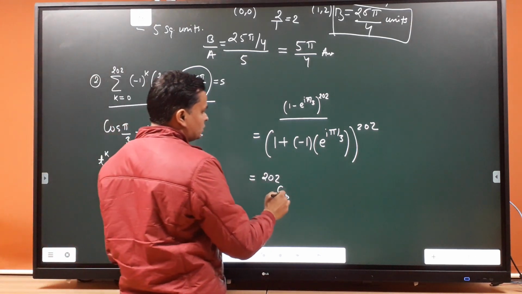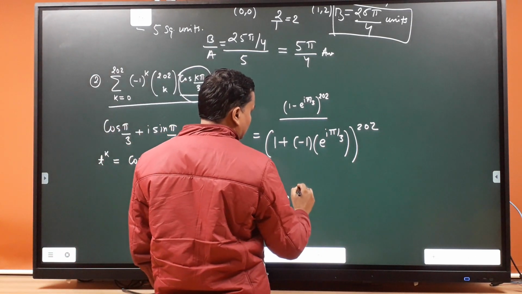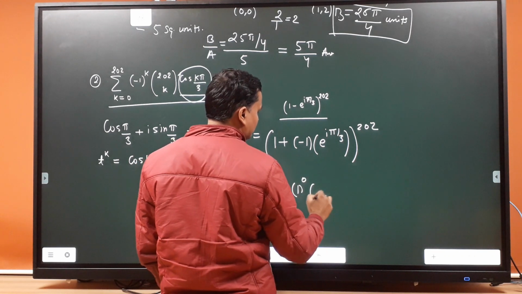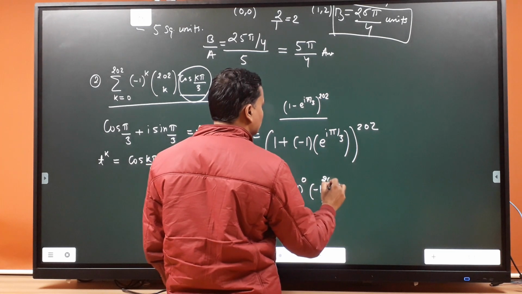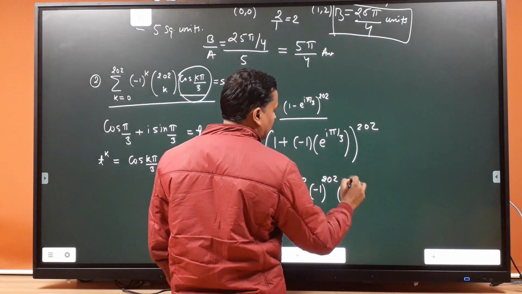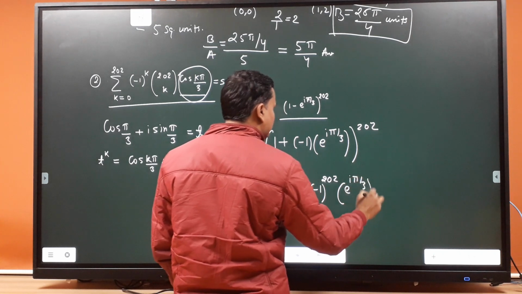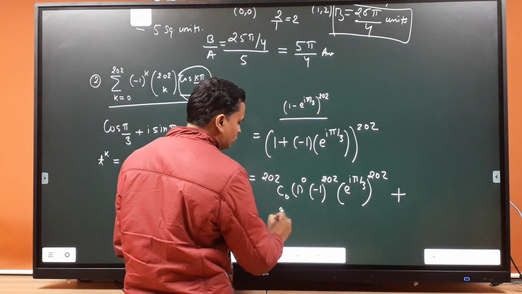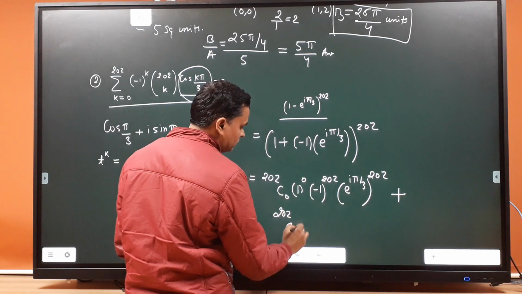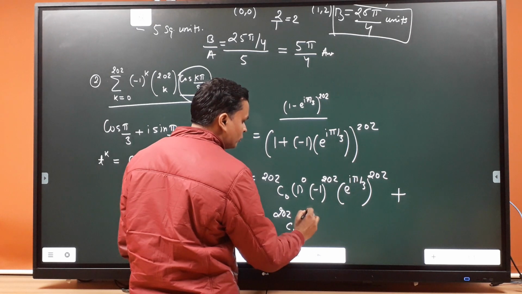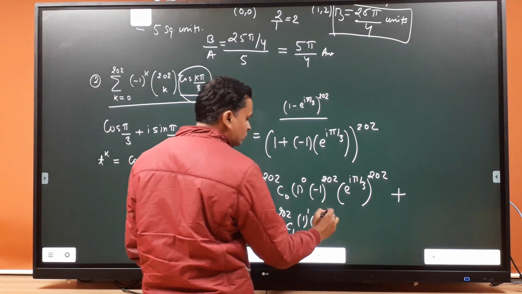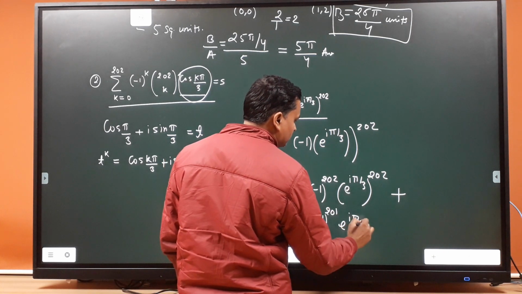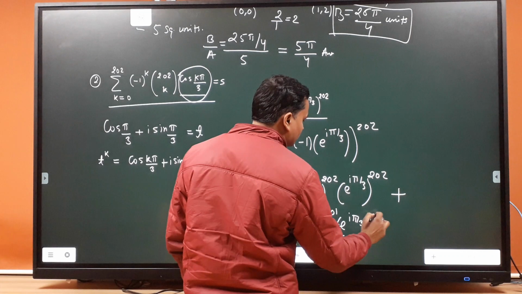So 202 C0, 1 power 0 and minus 1 power 202 into e to the power i pi by 3 to the power 202. Similarly, the next term will be 202 C1, 1 power 1 and minus 1 power 201 into e to the power i pi by 3 to the power 201.